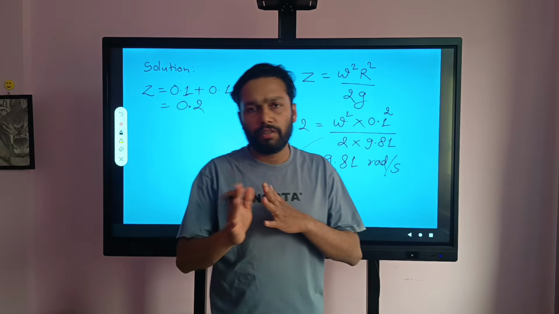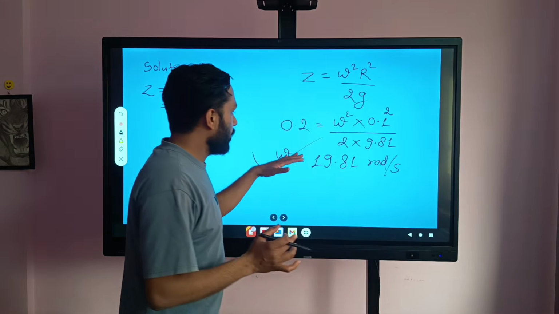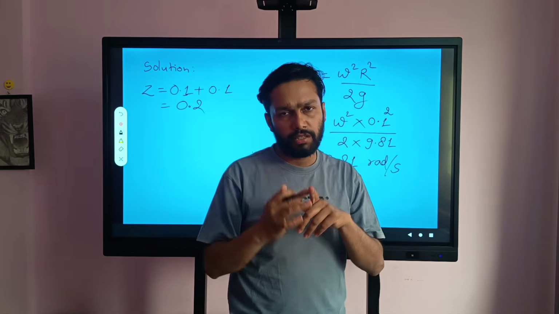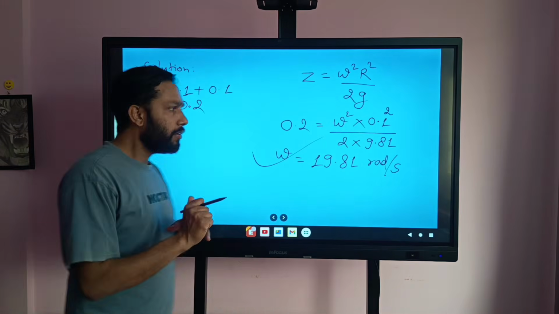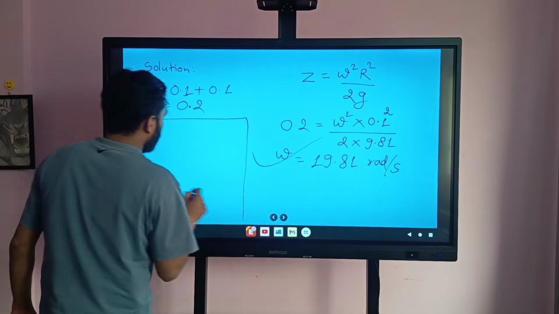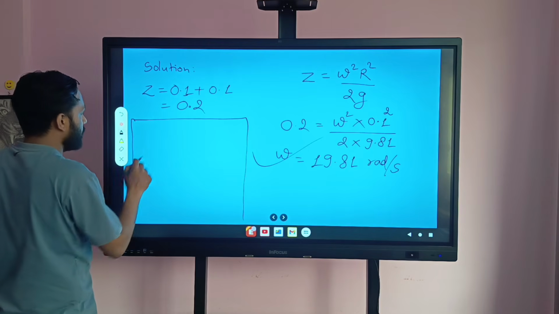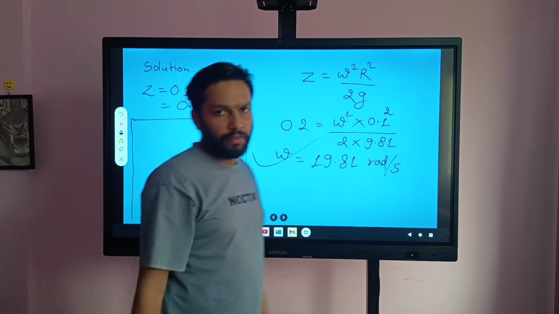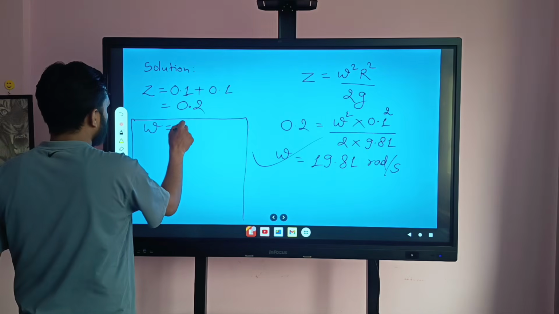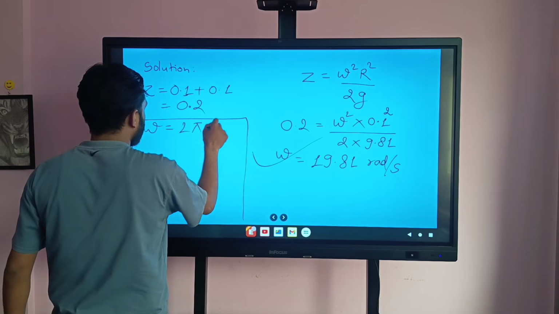It's a very easy question. You have to understand how the liquid behaves when it gets rotated. Now, what will you do to find out the rotational speed in terms of revolutions per minute? The formula is omega is equal to 2 pi n by 60.